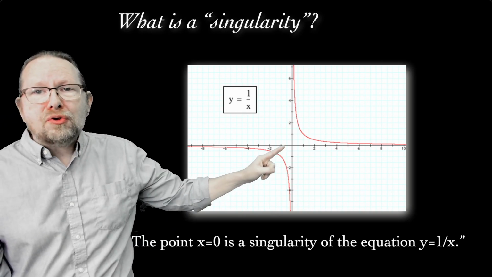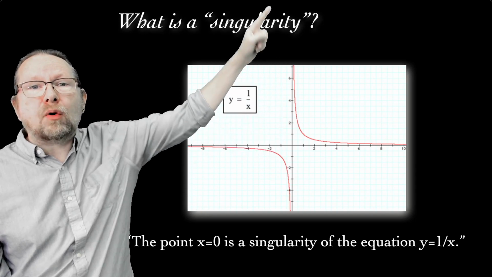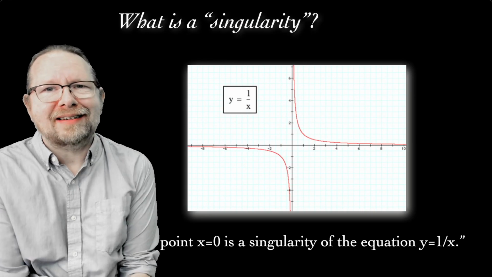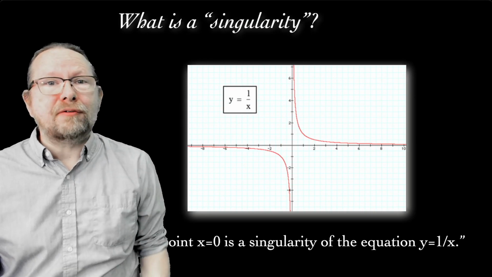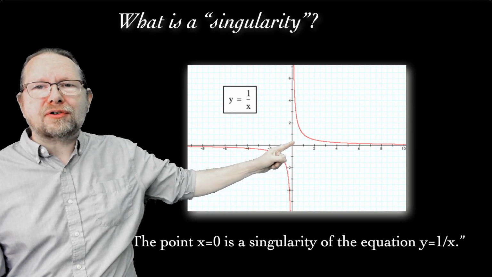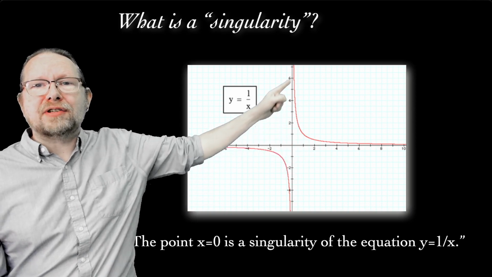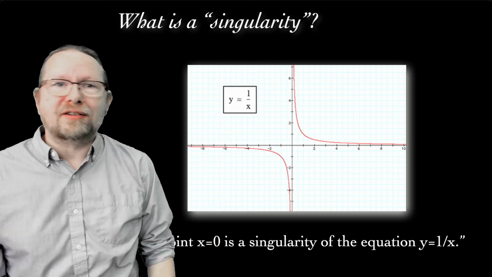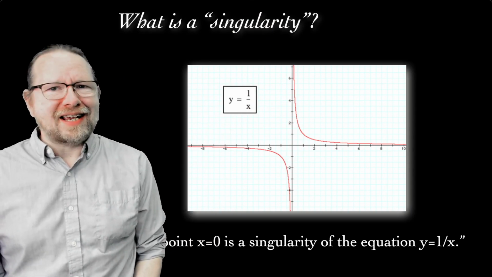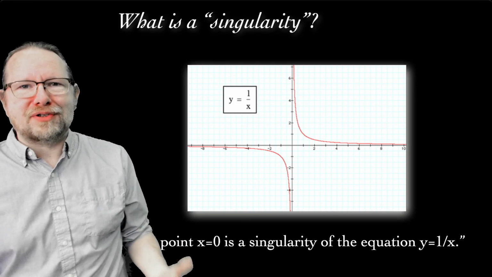The closer you get to x equals 0, the bigger y gets. It's tempting to say that 1 over 0 is infinity, because as you get closer and closer to the axis, this number gets as big as you want. Well, infinity is not a number. You can't say 1 over 0 is infinity.